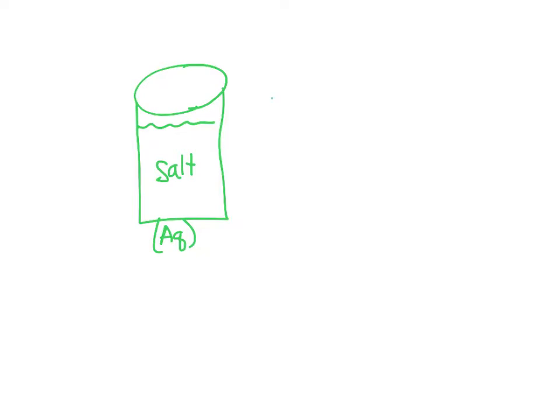So when you're dissolving, the mass is going to be equal to the mass of the water plus the mass of the salt. Notice that we have to add this here.